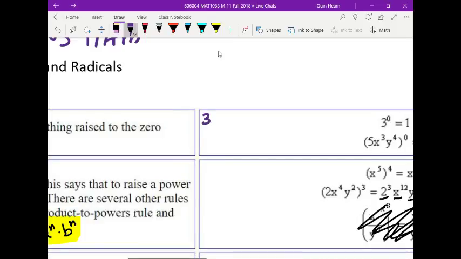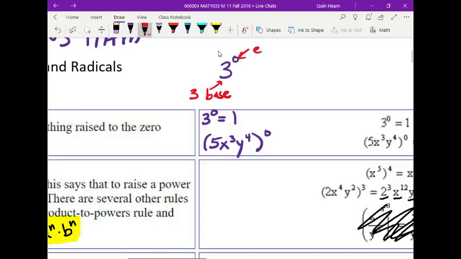First, we have 3 to the 0 power. As we just said, anything to the 0 power is 1, so you would just write a 1. The next one looks harder, but it's really not. In the expression 3 to the 0, 3 is called the base, and 0 is called the exponent or the power.